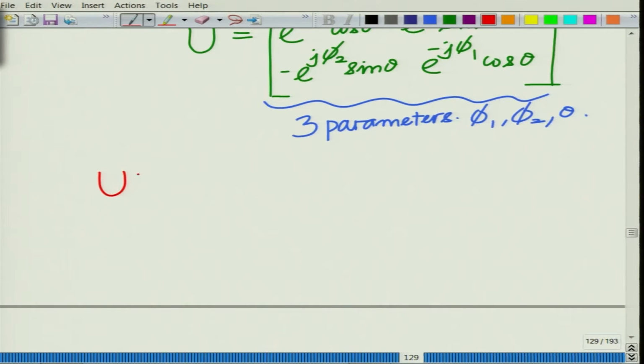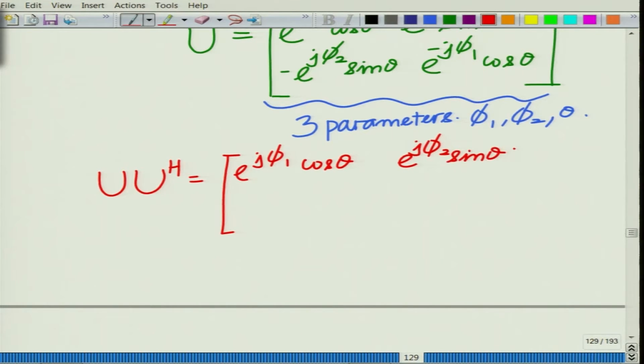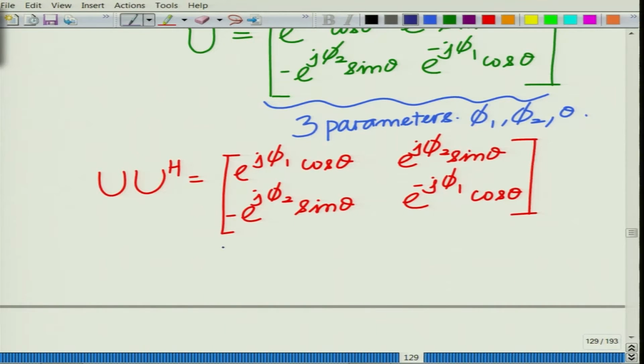If you have U Hermitian, let us write U will be e raised to j phi 1 cosine theta, e raised to j phi 2 sin theta, minus e raised to j phi 2 sin theta, e raised to minus j phi 1 cosine theta.